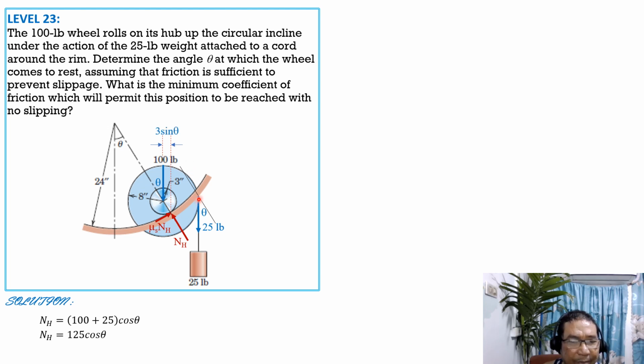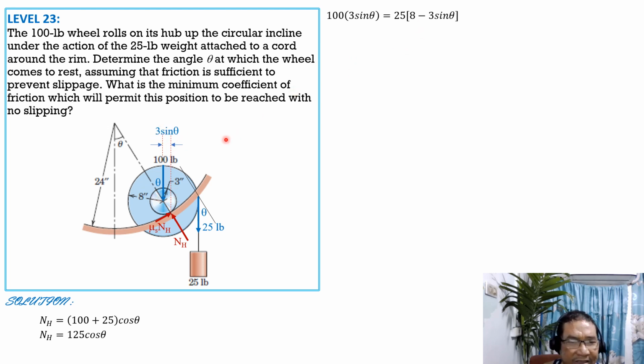Then for the moment arm of the 25 pounds, because we plan to sum up moments about point H, this moment arm is, of course, the radius of the big wheel, 8 inches, minus 3 sine of theta. So summation moment about H equals 0: 100 times 3 sine theta equals 25 times quantity 8 inches minus 3 sine theta.